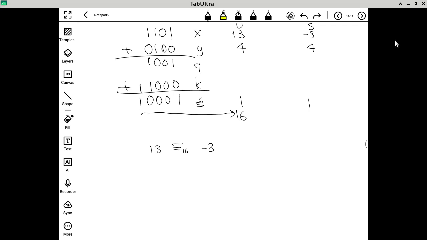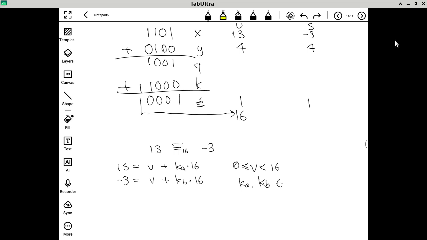But what does it mean when we say congruent modulo 16? It means 13 can be expressed as some v plus some ka times 16. Negative 3 can be expressed as the same v plus kb times 16. V itself has to be greater than or equal to 0, but it has to be less than the base, okay, which in this case is 16. And then Ka, Kb must be integers.